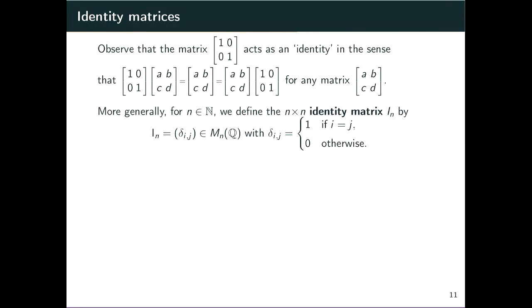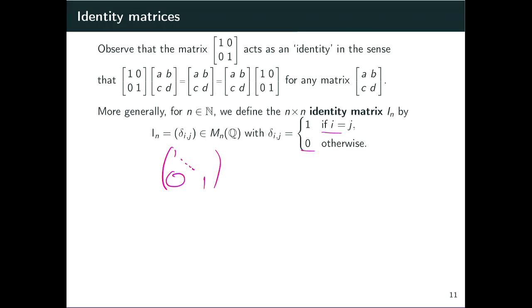And so if we've got an n by n matrix, then we're going to define the identity matrix I_n. Maybe this definition's a little bit complicated, but the way that I would want you to think about it is you have your matrix on the diagonal entries. So when i is equal to j, we're going to put 1s. And then everywhere else, we're just going to put 0s.